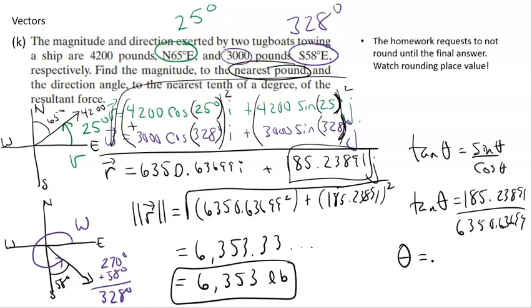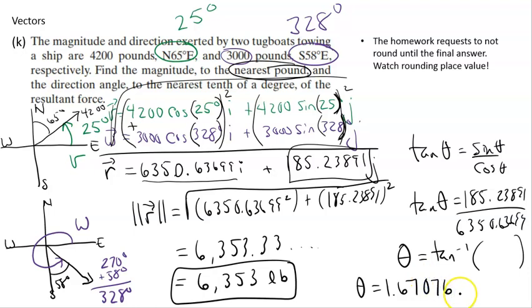Now it says I can round to the nearest tenth of a degree for the angle, so let's type this in. I do sincerely apologize for some of this being impossible to read, but this is that number right here, 6,350.63699 down here, and I want to type that in my calculator, so I'm typing in inverse tangent of that fraction. Now what popped right out of my calculator is theta is equal to 1.67076.